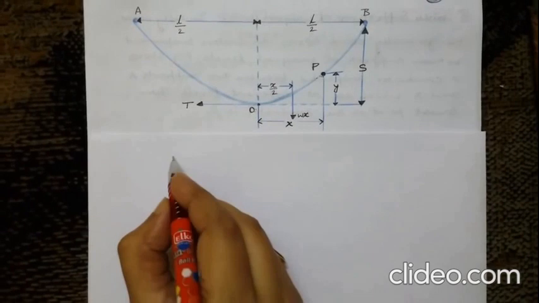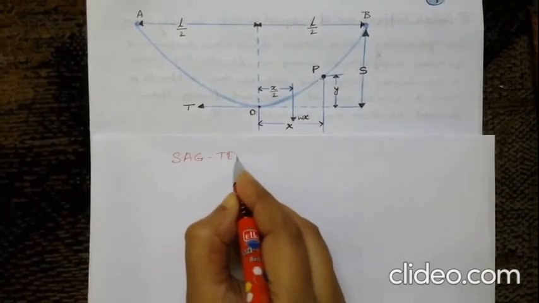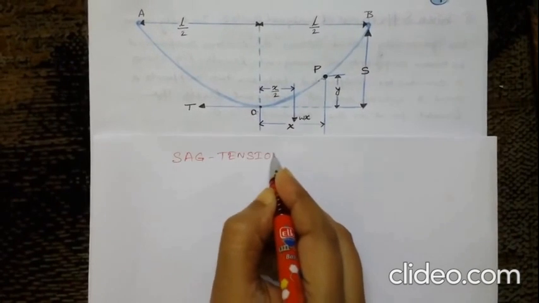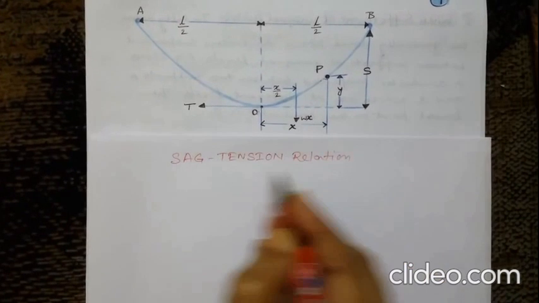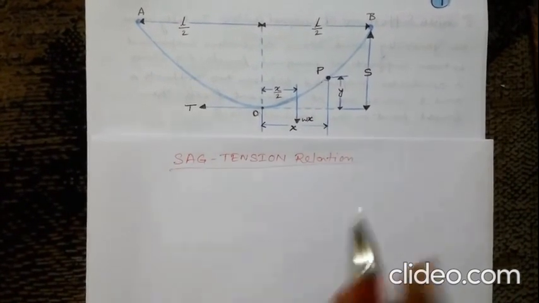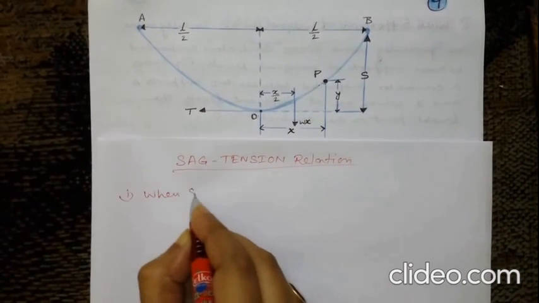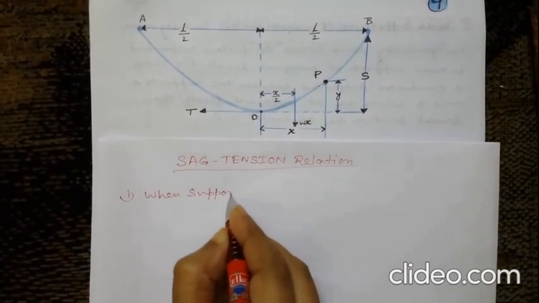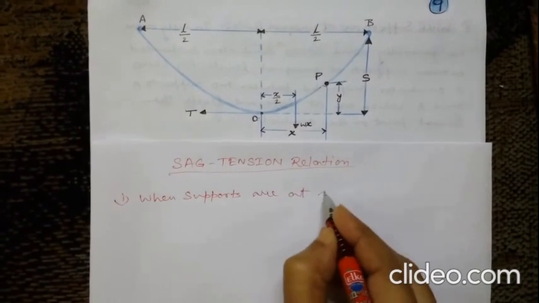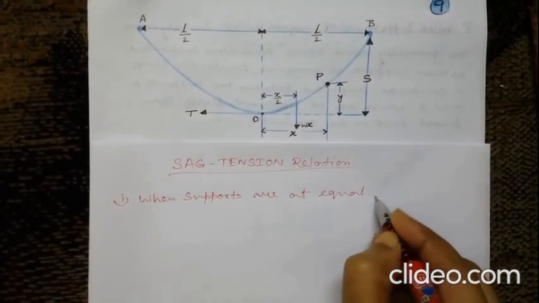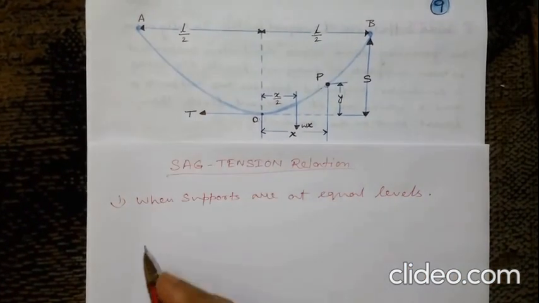Now the topic is sag tension relation. The first condition, when supports are at equal levels. That means A and B are at equal levels.